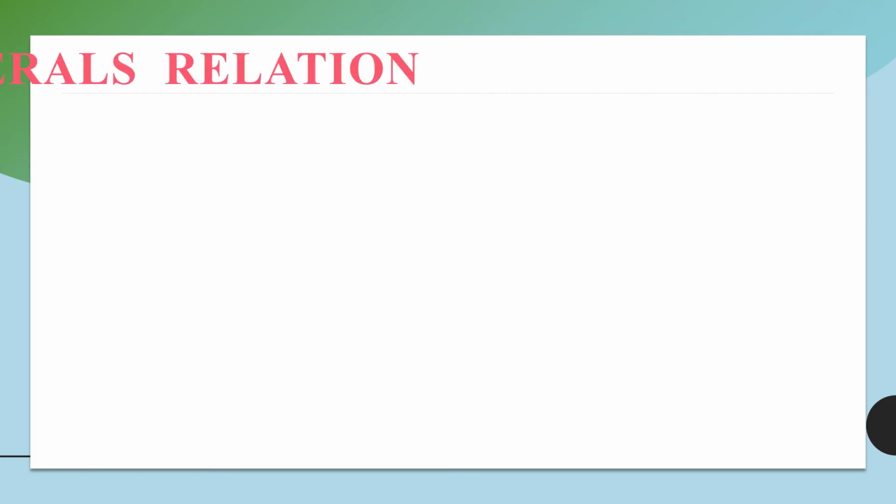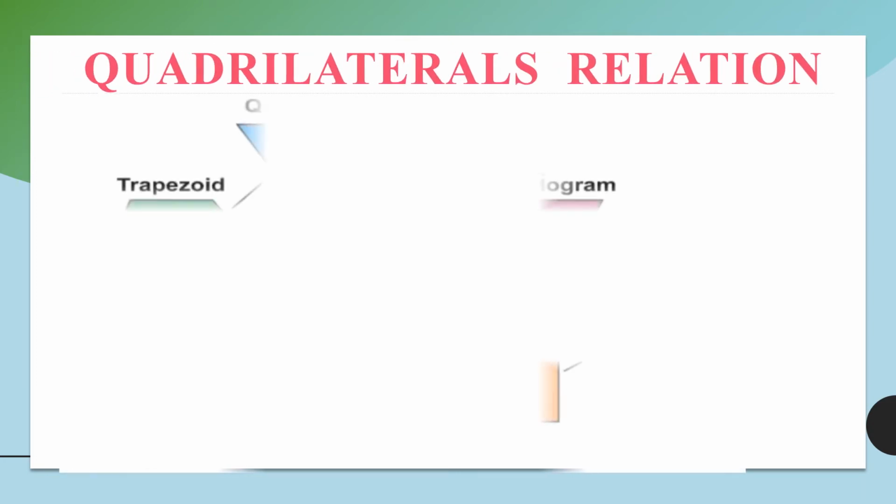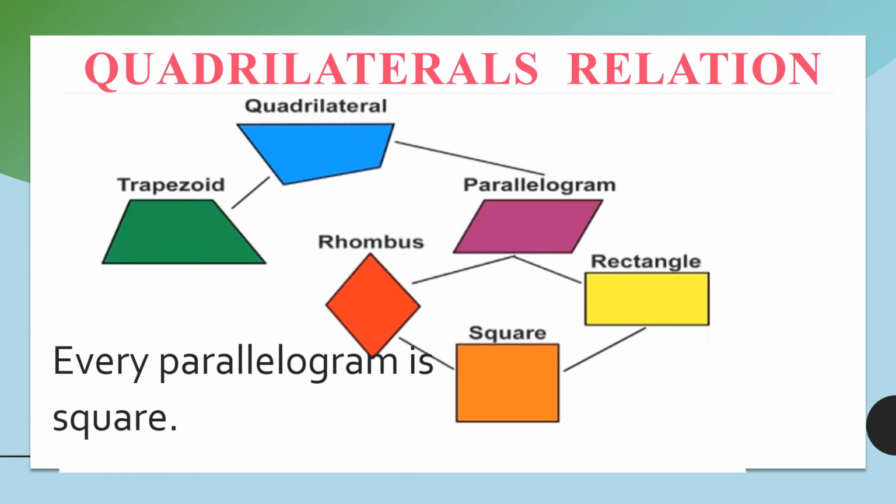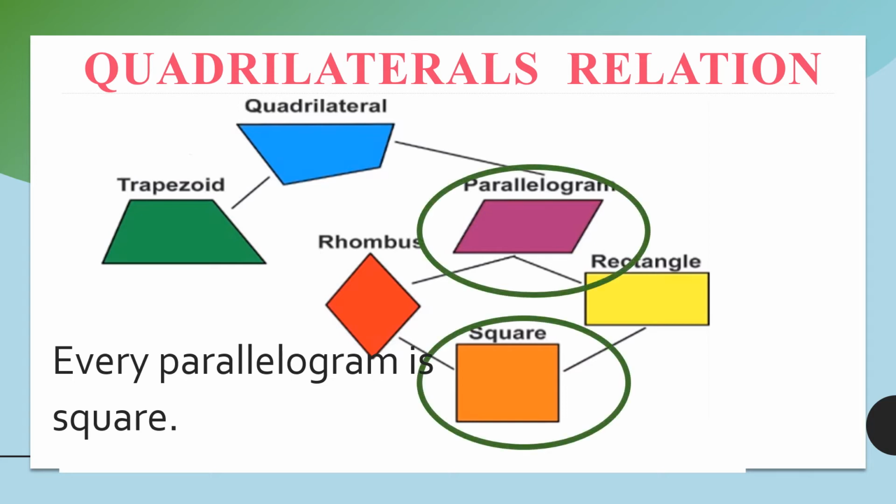Now let's see one more example related to the relationships of quadrilaterals. Every parallelogram is a square. Now see, parallelogram and square are related to each other. But in this family diagram, I move downwards, which means a parallelogram will not have all the properties of a square. So this sentence is false.